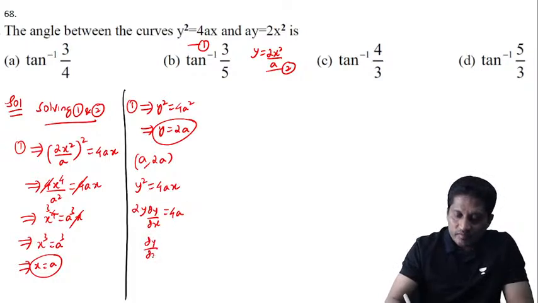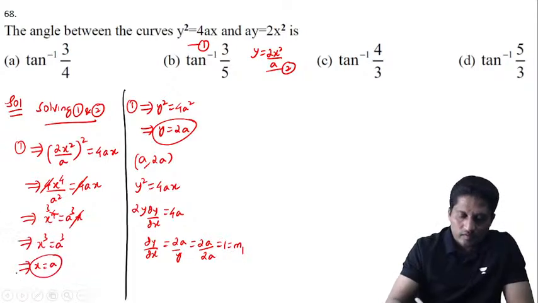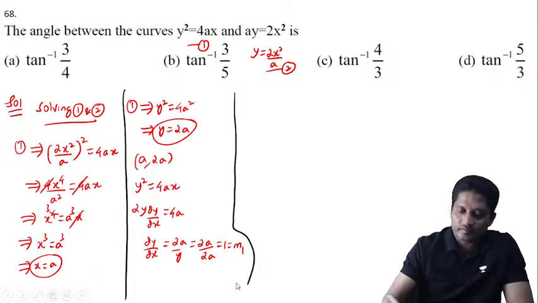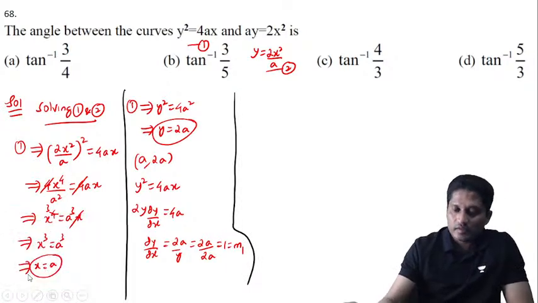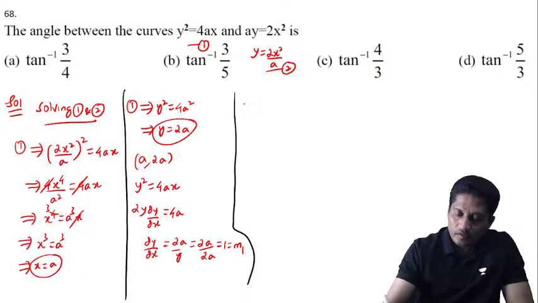dy by dx is equal to 2a by y. So this is 2a upon y is equal to 2a. This is m1. Alright, if I differentiate the second curve, y is equal to 2x square by a, right?